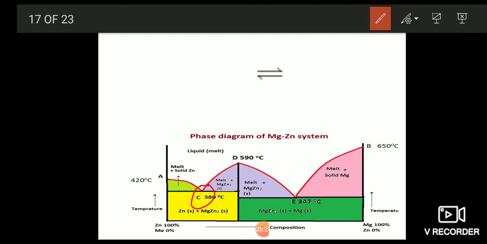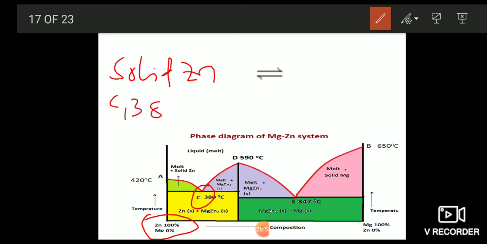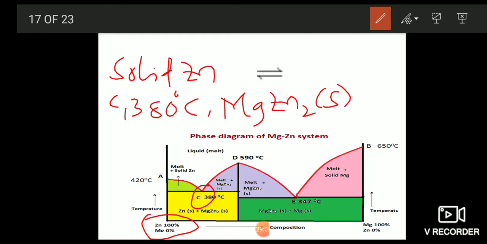We have started with solid zinc, and after reaching C, solid MgZn2 will be separated. That is, at C, 380 degrees Celsius, what will happen? The successive addition of magnesium will lead to the formation of the compound MgZn2, which is again a solid.